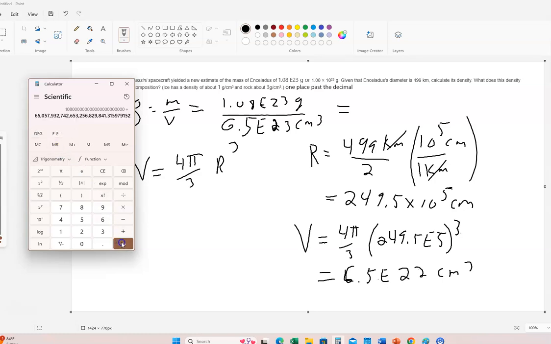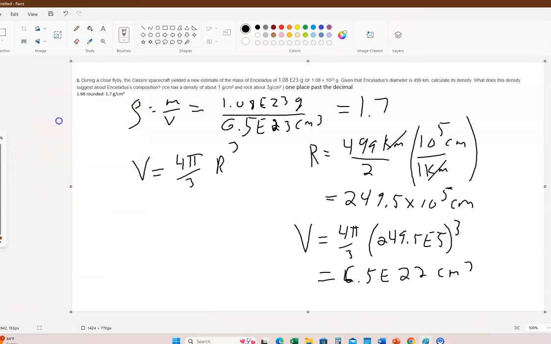So that turns out to be 1.66, and they want us to round it to one place past the decimal. So that would be 1.7, because of course the 6 is greater than 5, so I round up. So it turns out to be 1.7 grams per centimeter cubed.